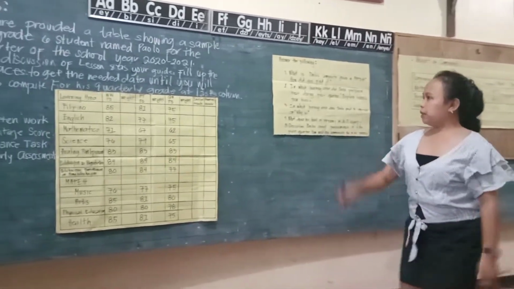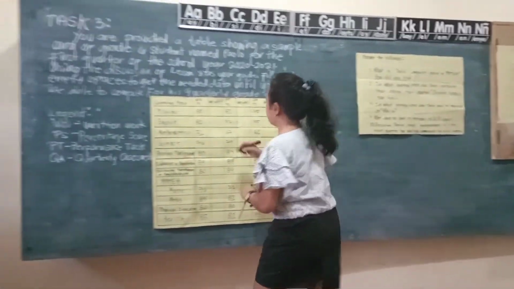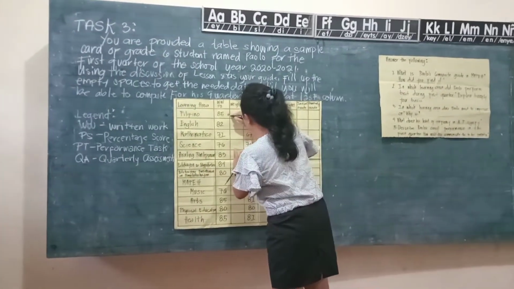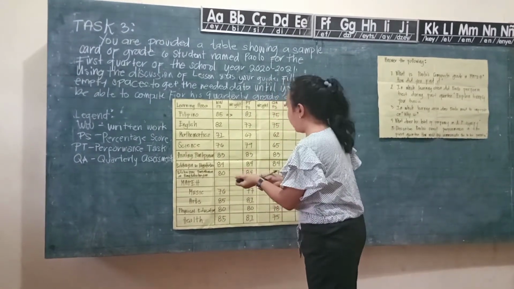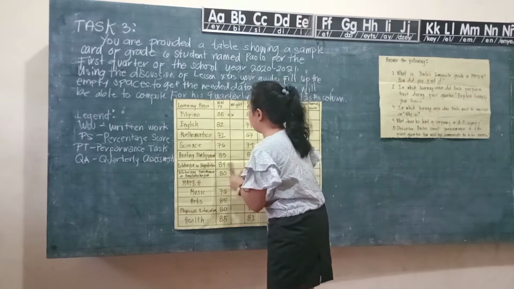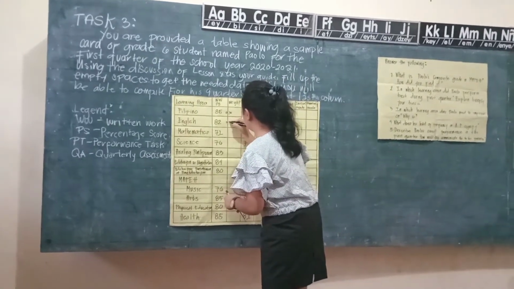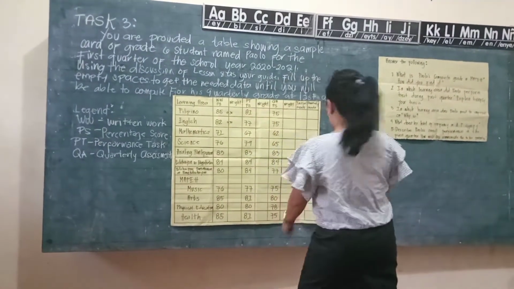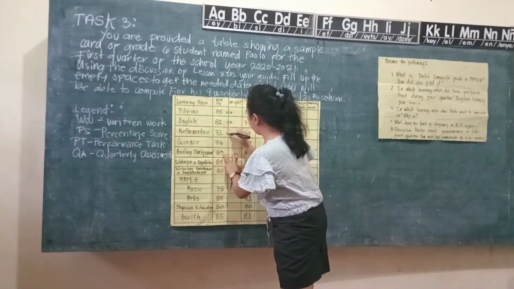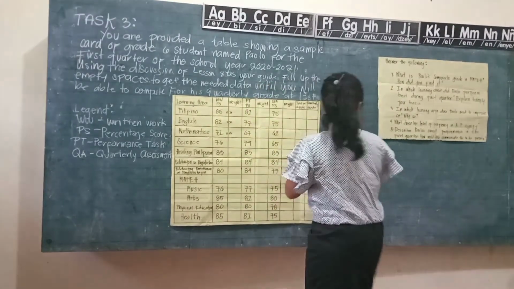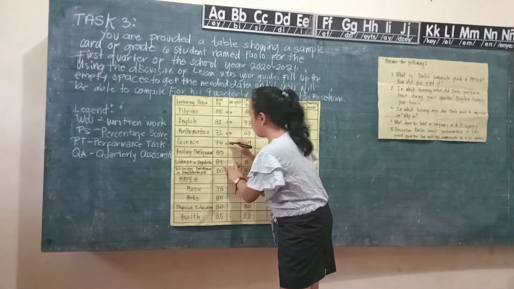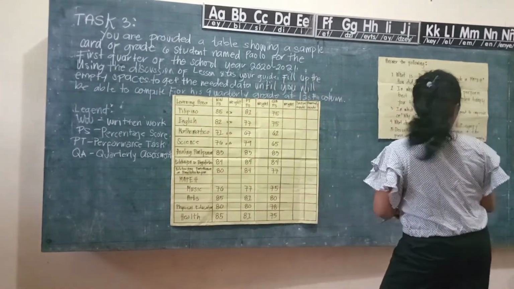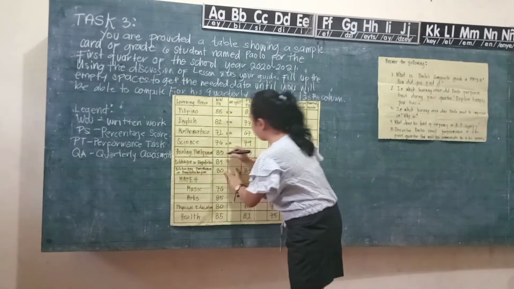So for Filipino written work, we have 30% or 0.30. For the English, we have 0.30. For the mathematics, we have 0.40. For science, we have 40% or 0.40. For Araling Panlipunan, we have 30 or 0.30.